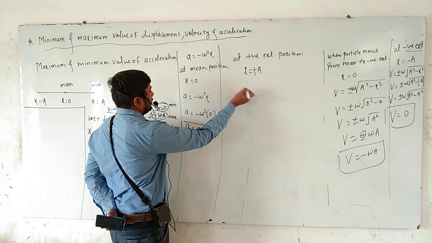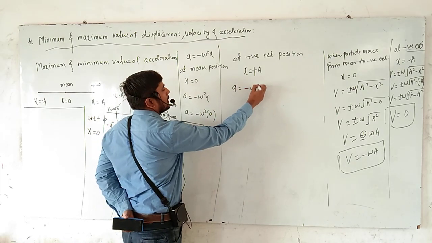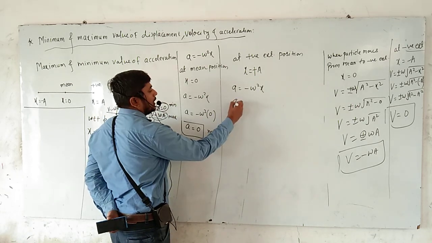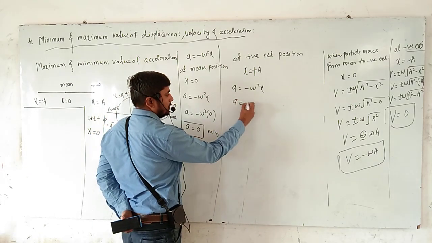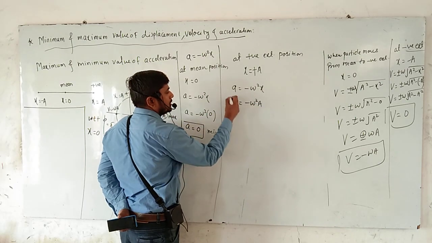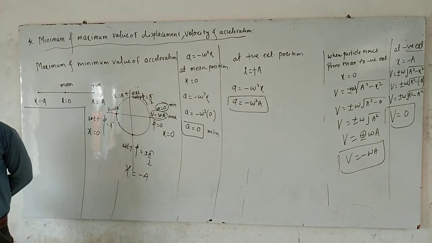So the value of acceleration, the formula for the acceleration, a will be equal to minus omega square x. So instead of x, what am I going to put over there? Plus a. So acceleration will be equal to minus omega square, and instead of x, a. So this is the value of acceleration at the positive extreme position, right?